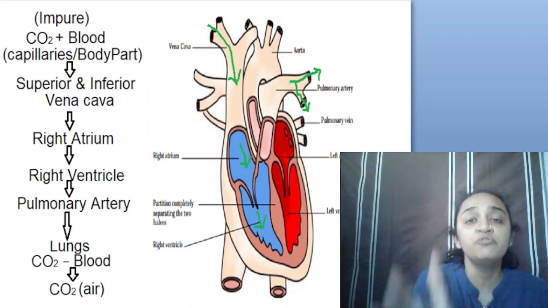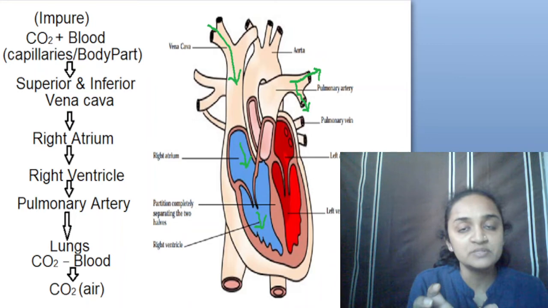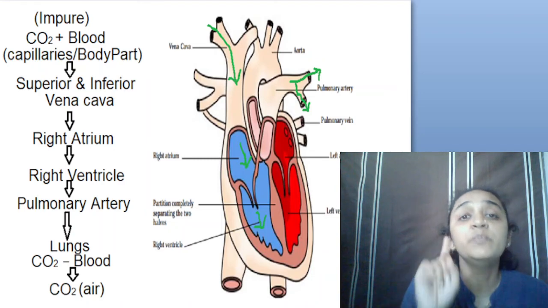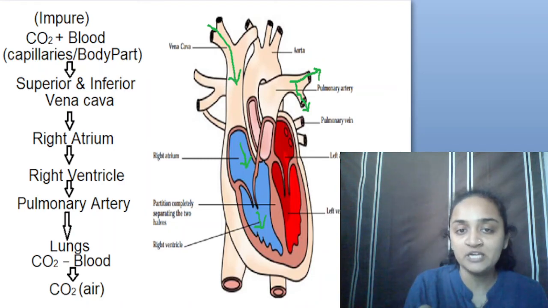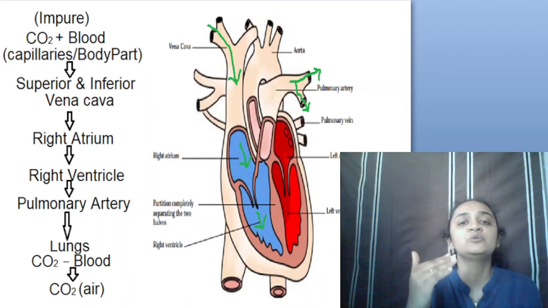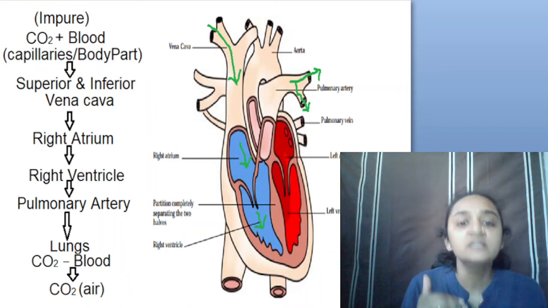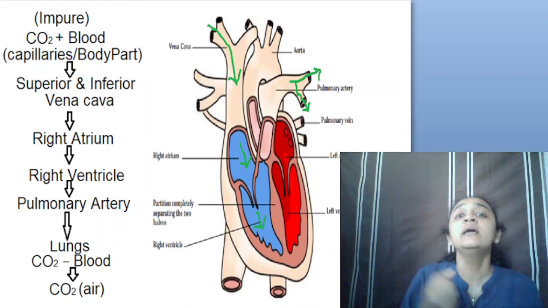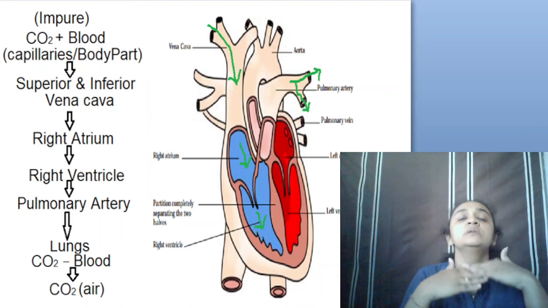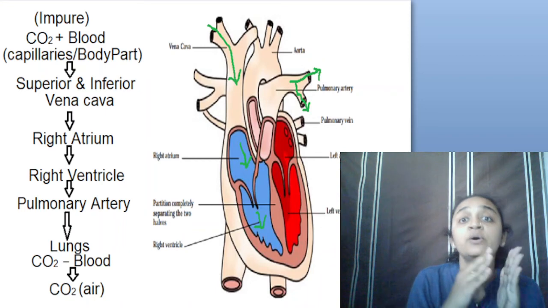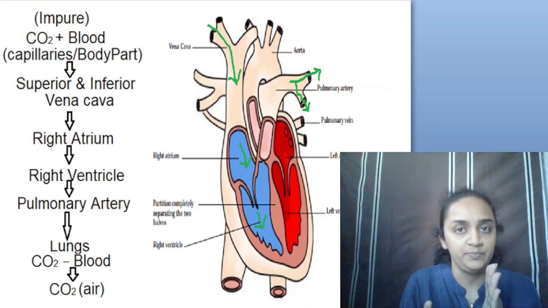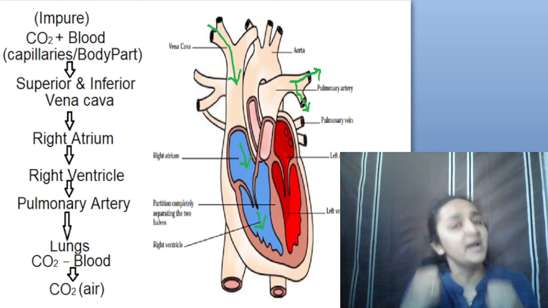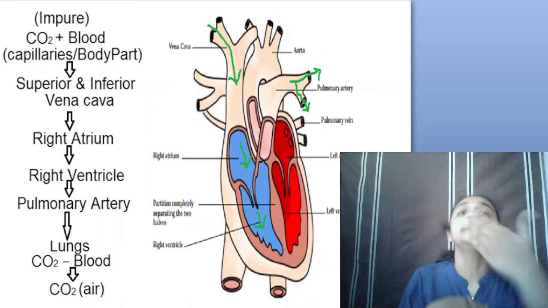Here is the flow of carbon dioxide moving inside our body: carbon dioxide mixes in the blood, moves to the superior and inferior vena cava, and then to the right atrium, right ventricle, and pulmonary arteries, which carry that blood from the heart to the lungs, and the lungs release the carbon dioxide into the air.